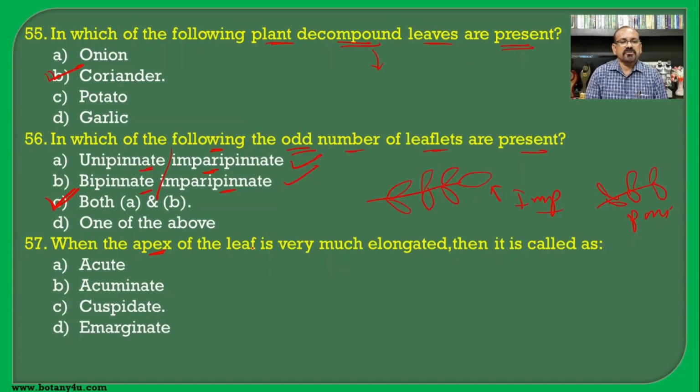When the apex of the leaf is very much elongated, then it is called as. Sometimes in some leaves you will find that the apex is long. So such a type of the long apex is known as the cuspidate, and hence C is the correct answer for this question.